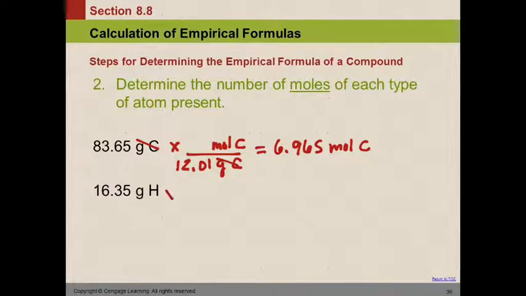Then grams of hydrogen to moles of hydrogen, same process. We look up hydrogen in the periodic table, we get 1.008. So 16.35 divided by 1.008. I'm just using the numbers from the periodic table that I give you on exams, which are rounded to 4 sig figs.